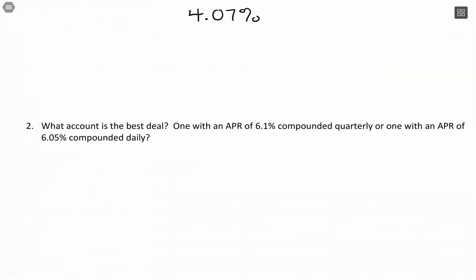Now let's look at seeing which account is a better deal. And as you can see, they're giving us very minimal information here in that there's no principal, there's no amount of time, but we don't need it for the comparison. So this has a rate of 0.061 compounded quarterly, so that'll give us n equals 4. This has an APR of 6.05%, and it's compounded daily.